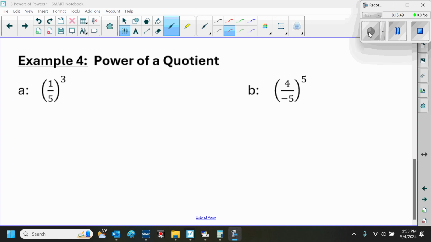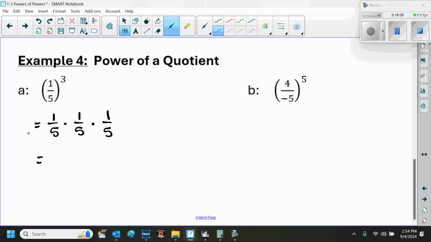So let's do a couple of examples. So here, and before we use the property, I'm going to show you why this works. So here, 1/5 to the third power, of course, that means 1/5 times 1/5 times 1/5, right?